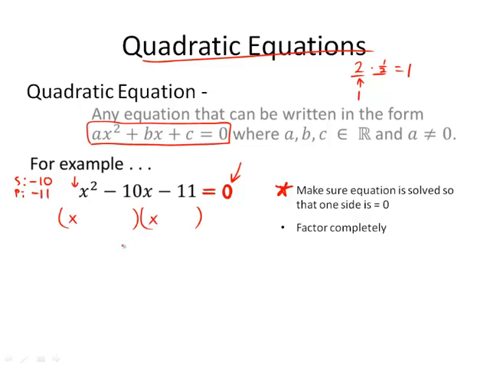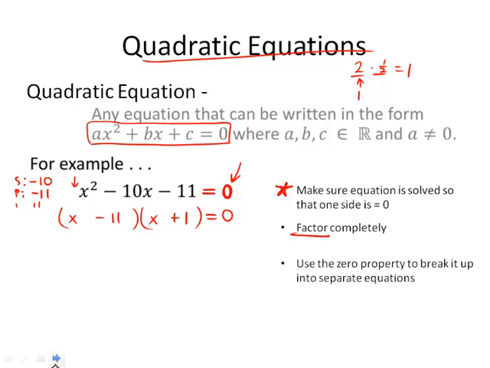So we have x. Two numbers that multiply to -11 would be 1 times 11, and we need a difference of 10. It's perfect. So we need -11 plus 1. Let's check that. -11 plus 1 is -10. -11 times 1 is -11. Great. We have factored completely.